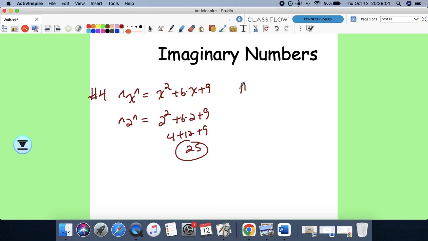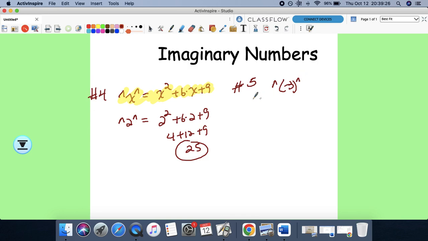Number 5 next to it. I'm supposed to use this expression, which I'm going to highlight, for questions 4, 5, and 6. For number 5, I'm going to replace x with negative 3.